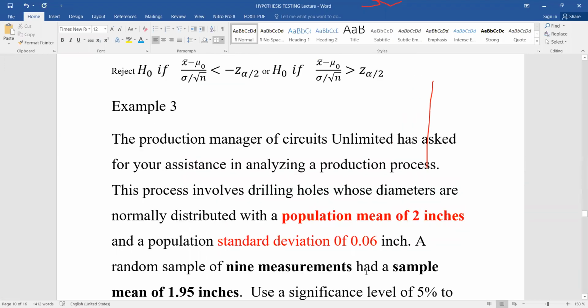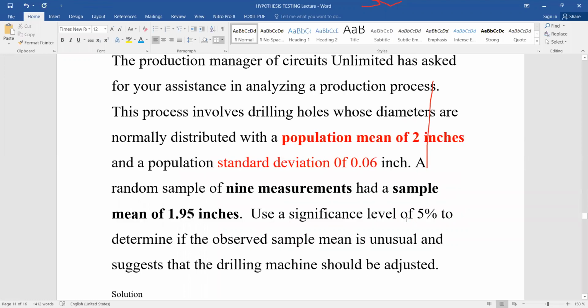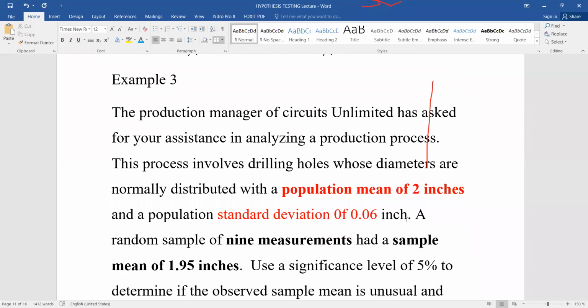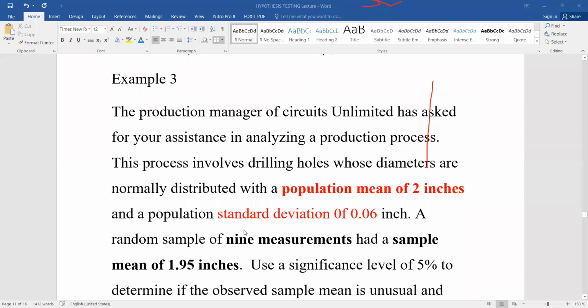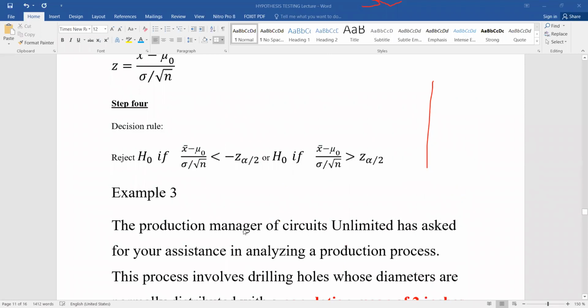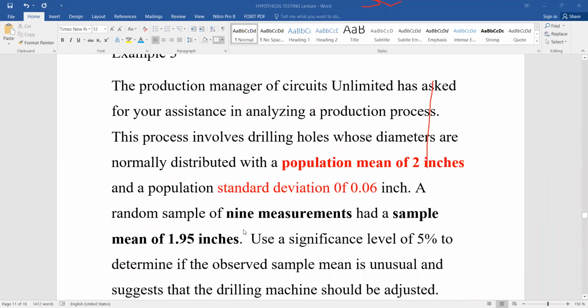Let us first look at an example. The production manager of Circuits Unlimited has asked for your assistance in analyzing a production process.